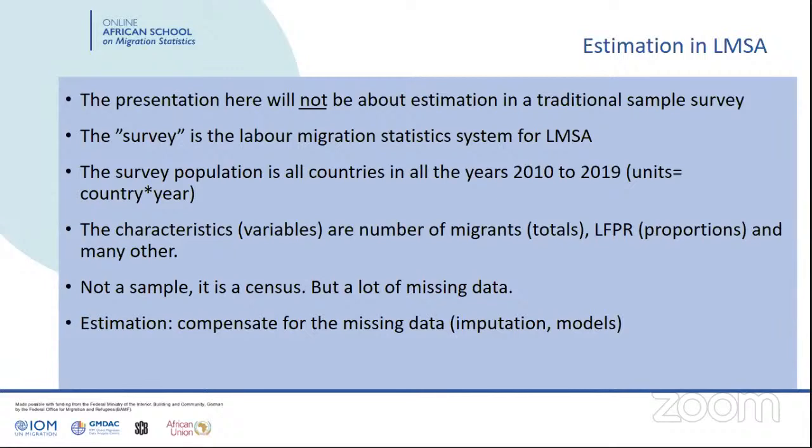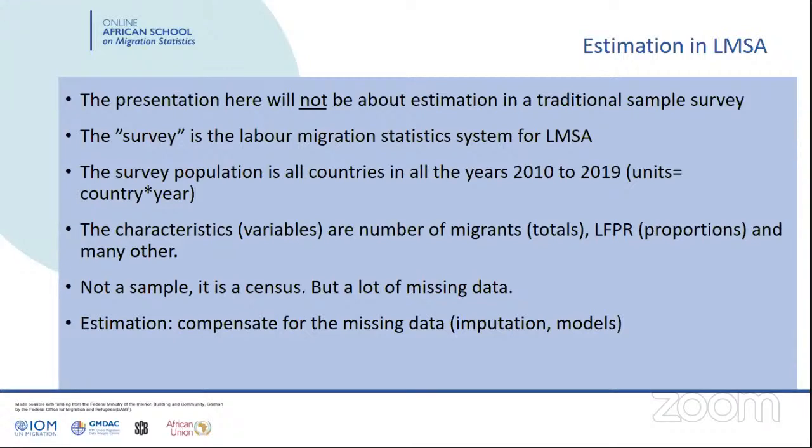And that is a data collection involving a number of different statistical sources: surveys, censuses, administrative data, and so on. And the survey population is all countries in all the years 2010 to 2019.